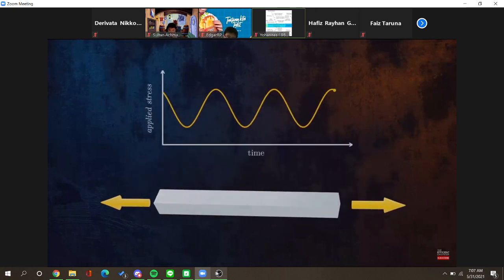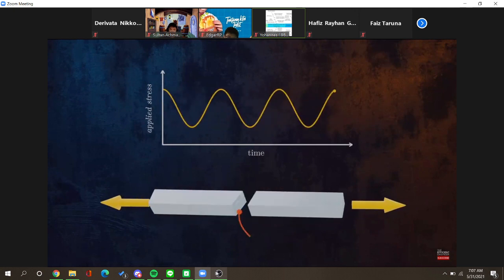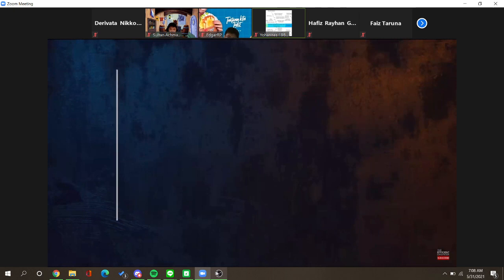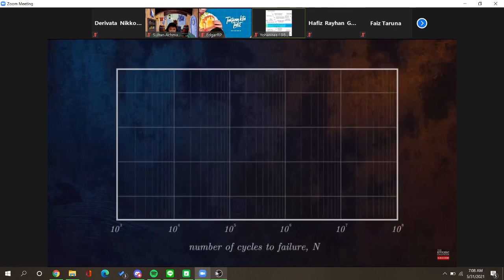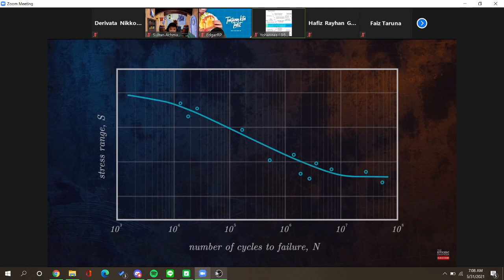If we repeat this test a large number of times with different applied stress ranges, we can plot the results on a graph, with the number of cycles to failure N on the horizontal axis and the applied stress range S on the vertical axis. Because the number of cycles to failure can be very large, a log scale is usually used for the horizontal axis. By fitting a curve to the data points, we obtain what is known as an SN curve.